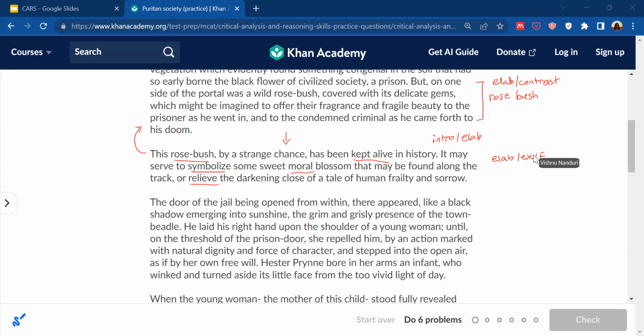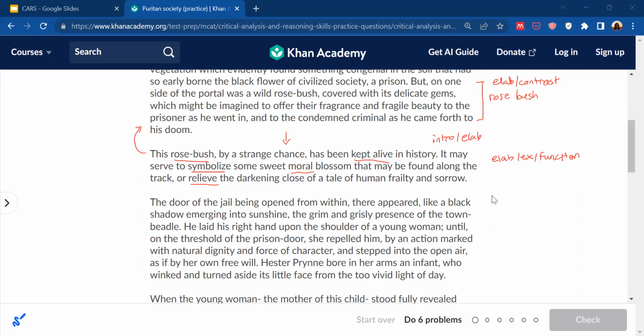You can even think, hey, I think they're telling me the function of the rose bush and why it stayed around for so long. So again, we're just going through trying to figure out why the author is mentioning this information, which really helps because then it becomes less about getting confused about what you're reading and more about analyzing it critically. So let's look at the next paragraph over here.